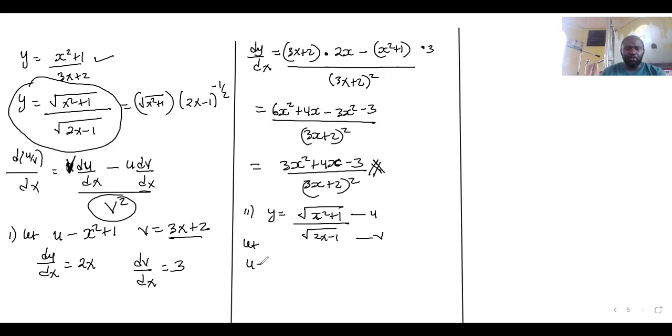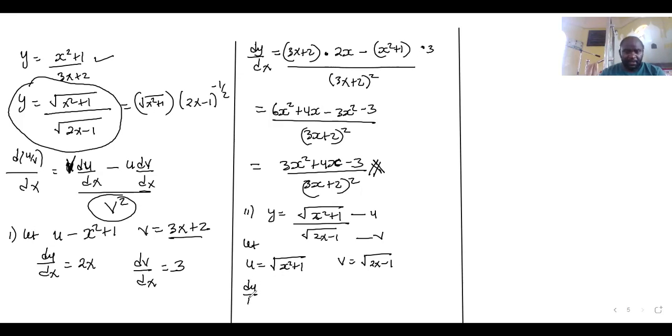So u is root of x squared plus 1, then v is equal to root of 2x minus 1. Now remember this can be differentiated using the power rule.